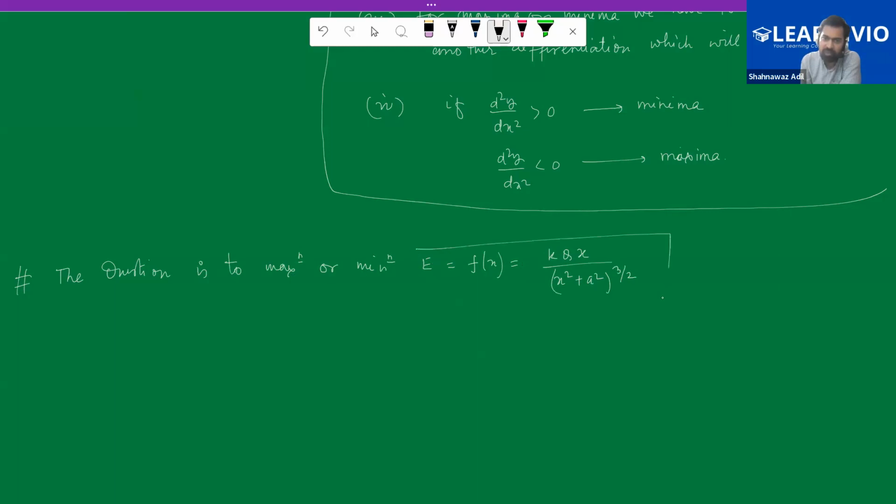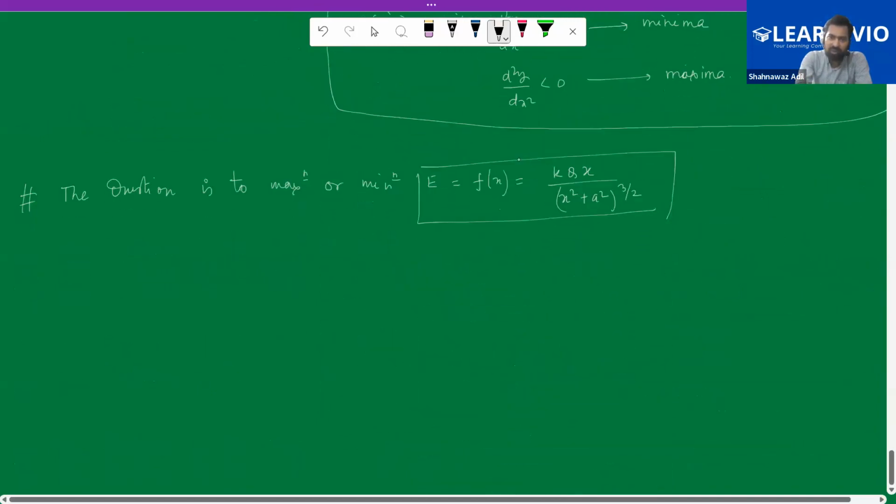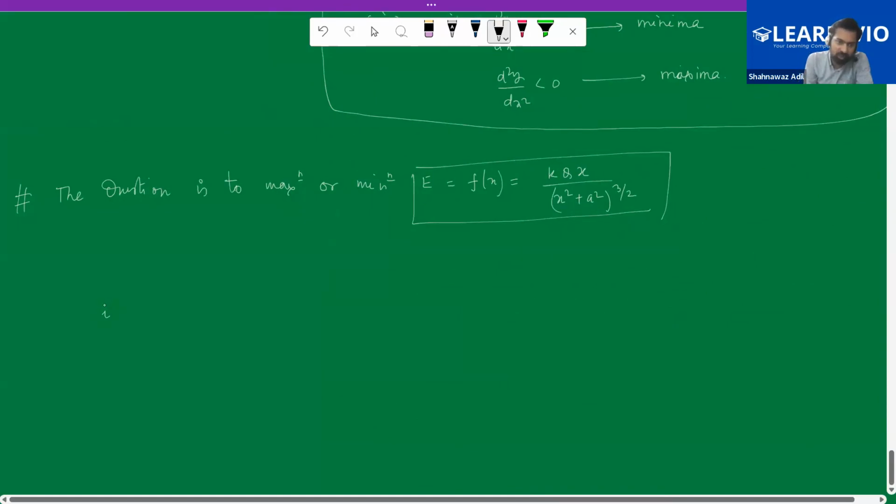This is the function, right? Clear? Yes, sir. So the first step is to take dE by dx.